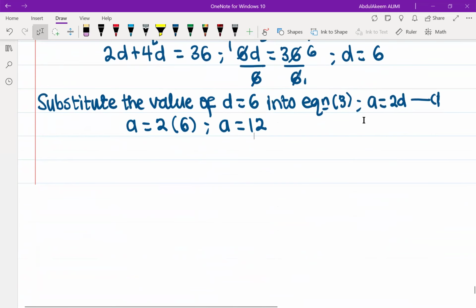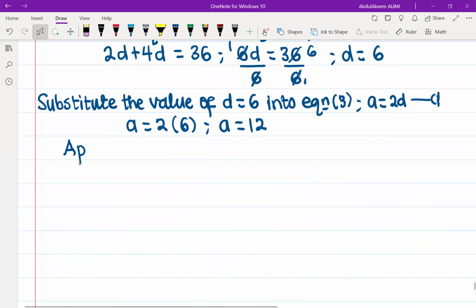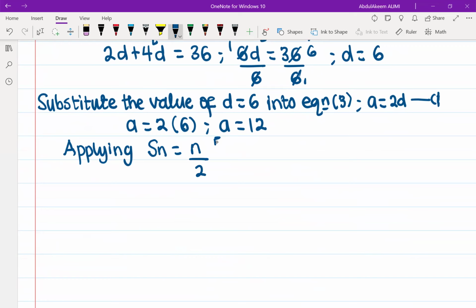But the question says find the sum of the first 8 terms of the progression. So what do we do here now? Since they said sum, I'll be applying my Sn is equals to n over 2, open bracket 2a plus n minus 1 d. For this one, I have the value of my A to be 12, the value of my D to be 6, and my N to be 8.